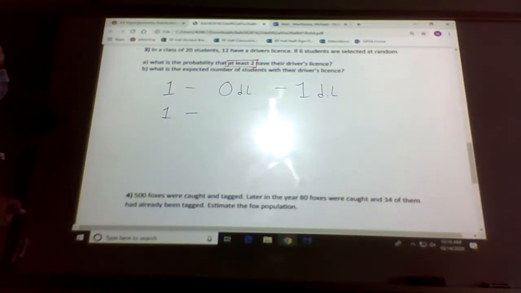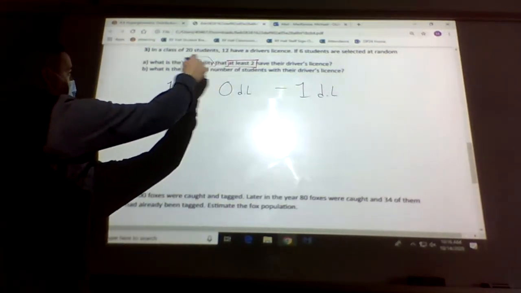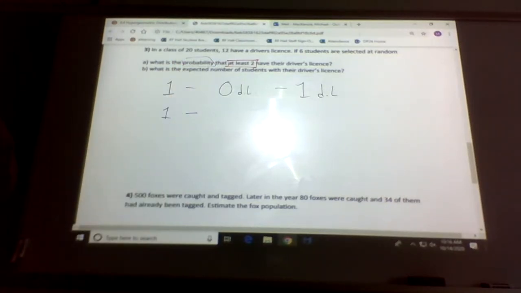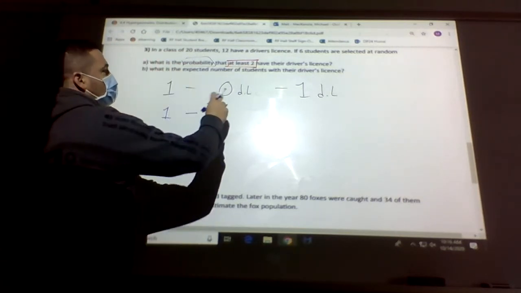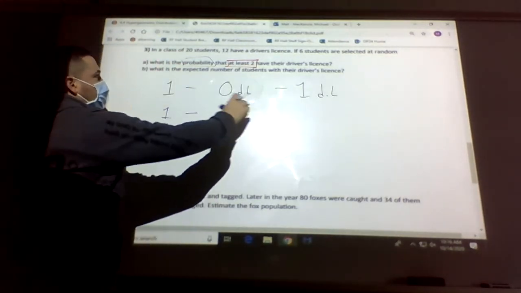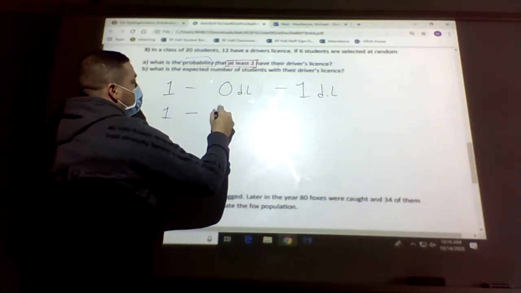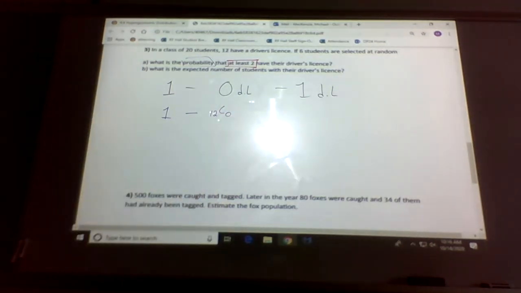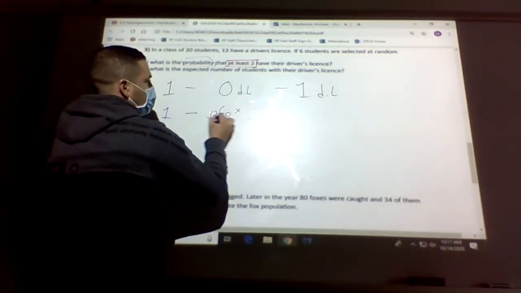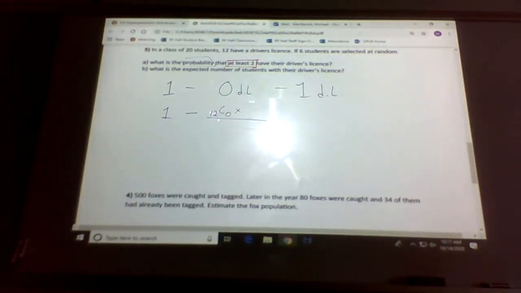So the first one, again, we're doing probability, so we need our fraction. We're looking at the 12 drivers. We want to see how many, 0 of them, have a driver's license. So out of the 12 that do, we don't want any of those. So 12 choose 0, because we don't want to pick any of the ones with the driver's license, times... what's the remaining amount of students?